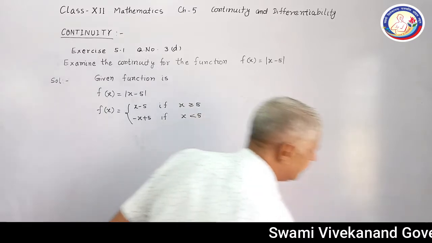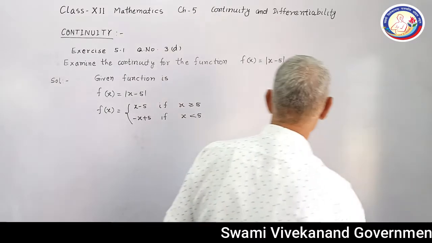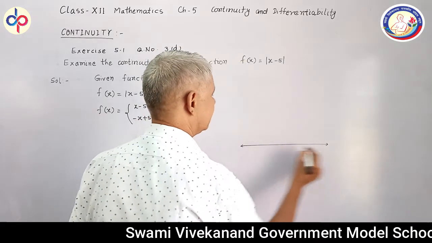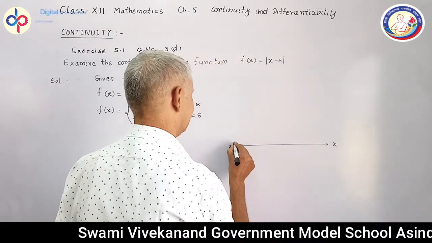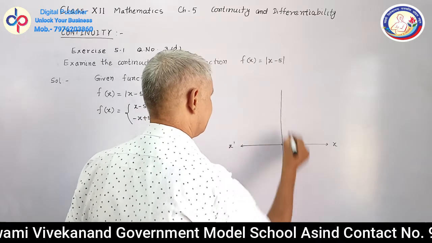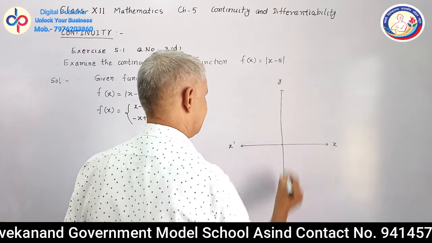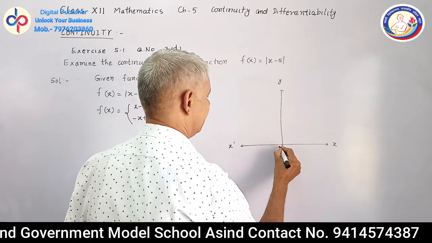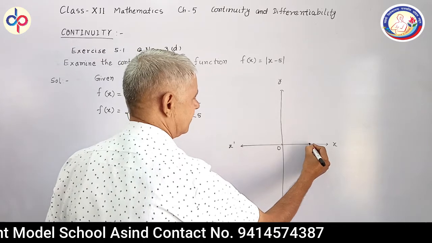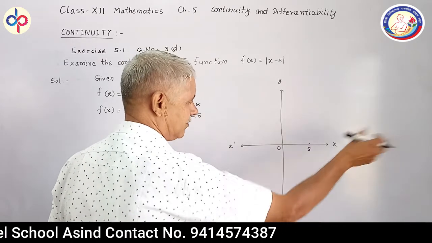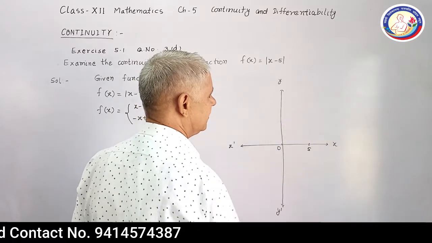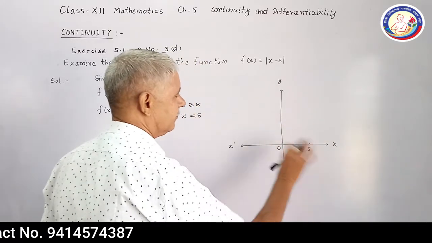Only for the purpose of clarification, I am showing you here. So this is the x-axis, this is our origin, and this is y prime. This is 5 here. I am not displaying the points on the x-axis and y-axis, we have nothing to do with that. x equal to 5.